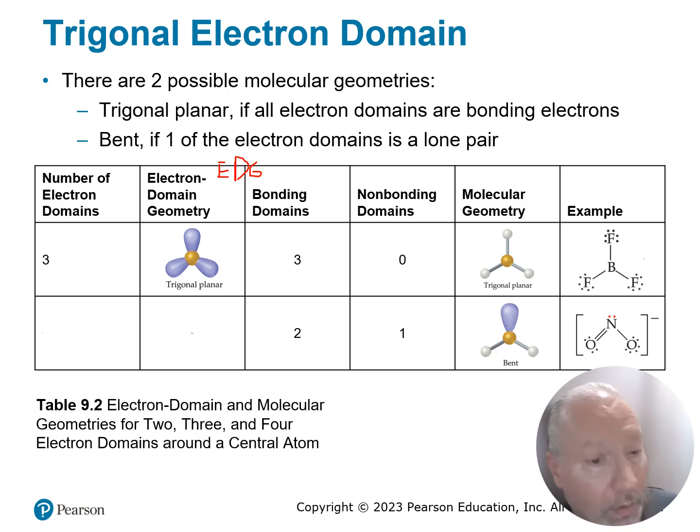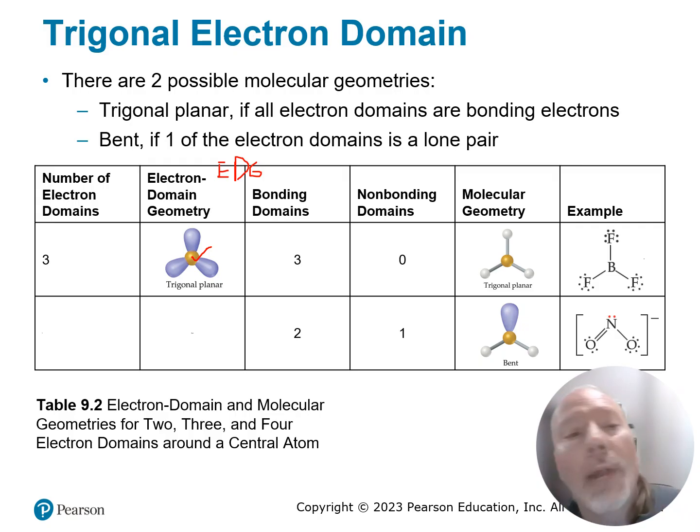We have trigonal planar when there's three electron domains, whether they're lone pairs or bonded electrons between two atoms. This is, of course, a central atom. We can go through this table, and we could have three bonding domains, zero non-bonding lone pair electrons, so we have no lone pairs on the central atom.